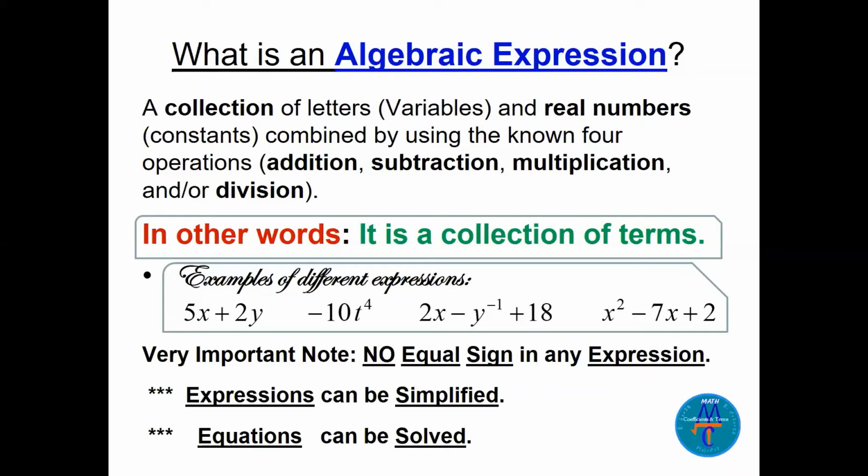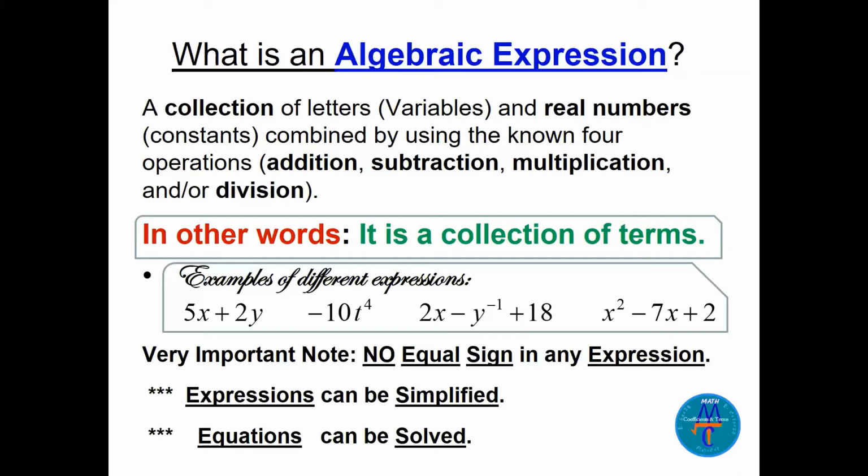Now look here, very important note. Really very important note. No equal sign in any expression. So when we say expression, no equal sign, because expressions can be simplified. And later, in other videos, you can see equations can be solved.